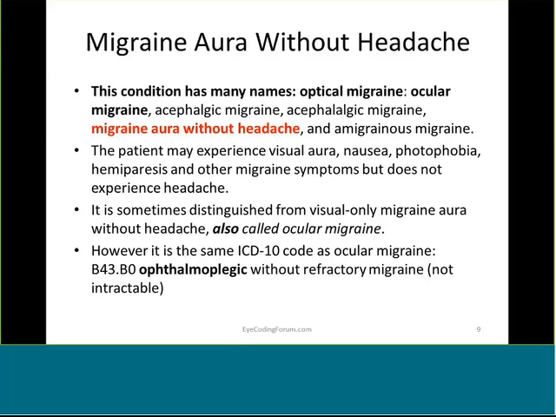Now, it is sometimes distinguished from a visual-only migraine with or without headache, also called an ocular migraine. However, it is the same ICD-10 code as an ocular migraine. You've got G43.B0, ophthalmoplegic migraine, not intractable.